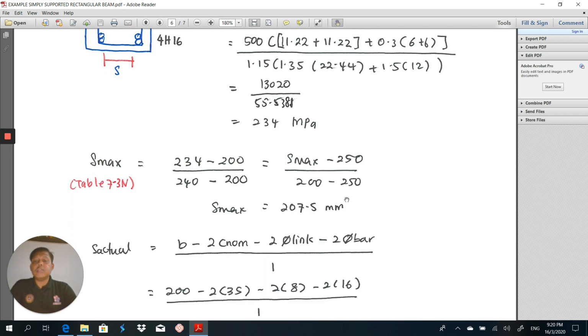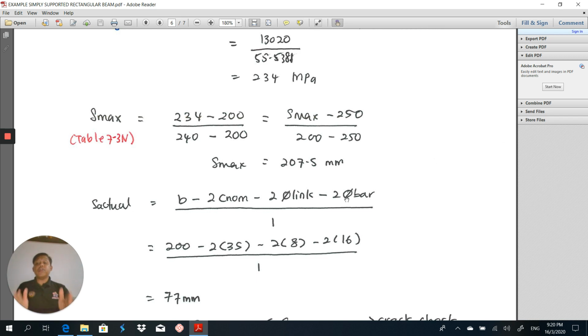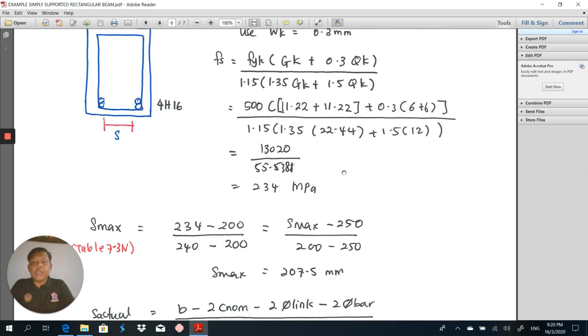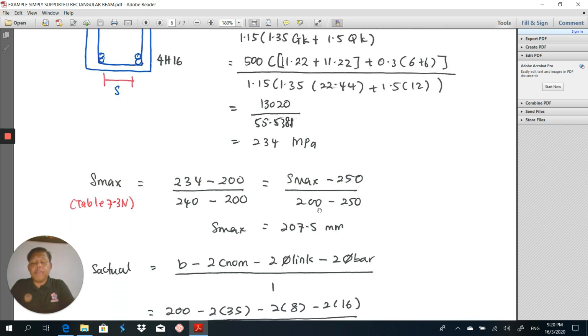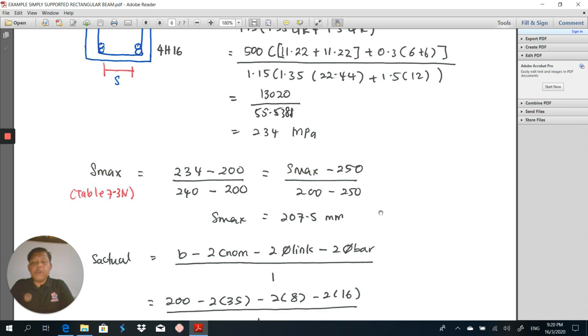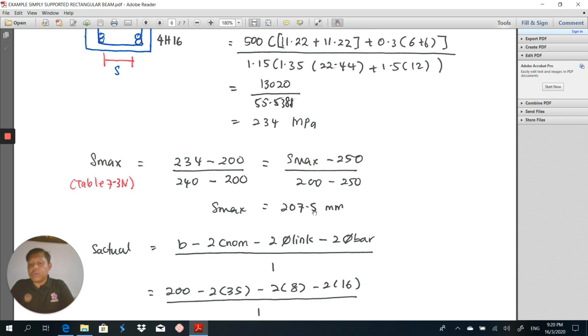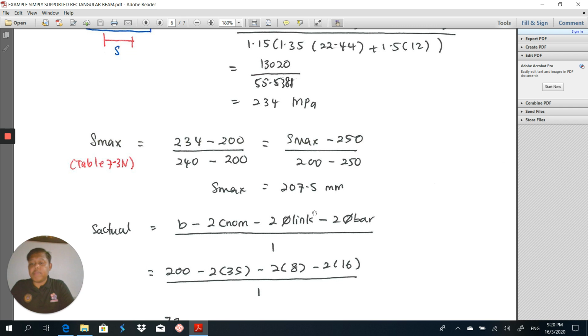How to determine the maximum spacing of the reinforcement? The maximum spacing is referred to table 7.3N, and we have to refer to WK is equal to 0.3 mm. So we do the interpolation. I get S maximum is equal to 207.5 millimeter.